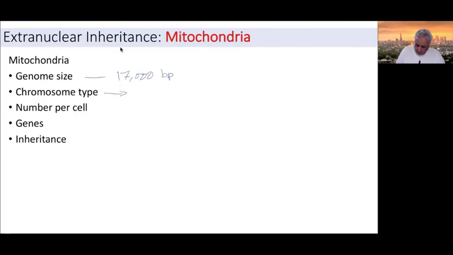Now, the chromosome type is circular. And we only find circular mitochondrial DNA in eukaryotes. This is further evidence that their evolutionary history is related more to prokaryotes than it is to eukaryotes.